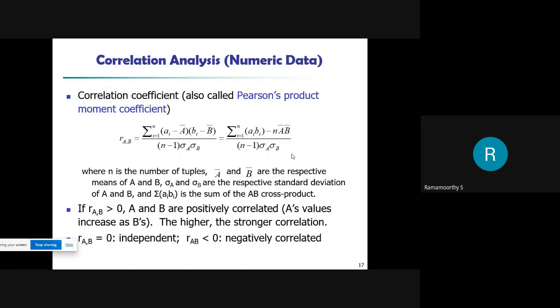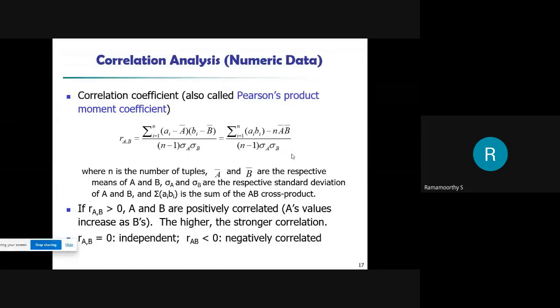Here is one technique, named the Pearson product moment coefficient. You need to calculate the correlation coefficient for the given numeric data based on the given formula. Here n is the number of tuples.